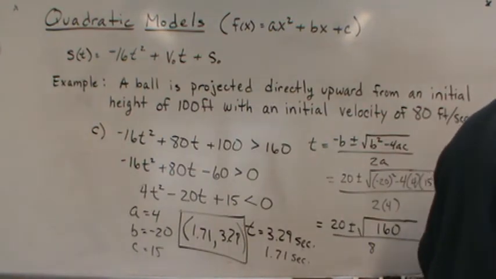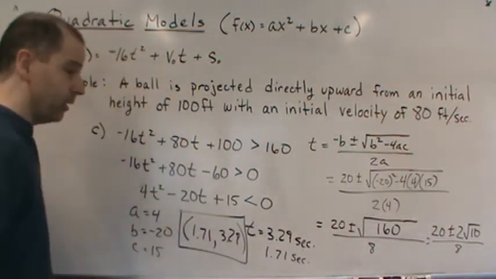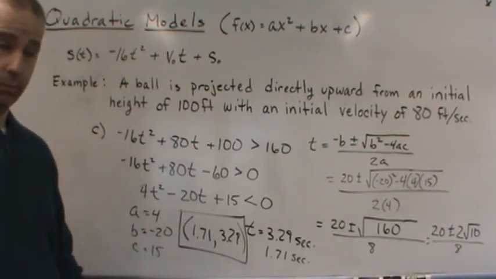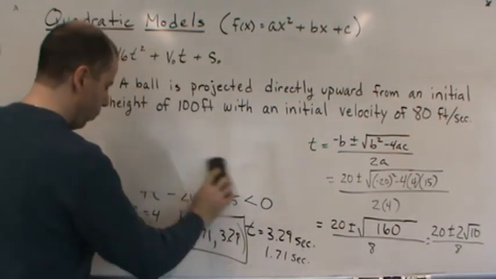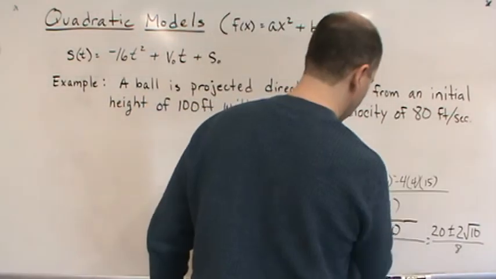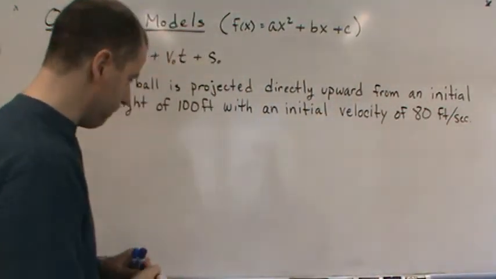Okay, now, D. After how many seconds will the ball hit the ground? Okay, so for this one, they're asking, when will the ball hit the ground? Well, when the ball hits the ground, what's the height of the ball from the ground? 0.